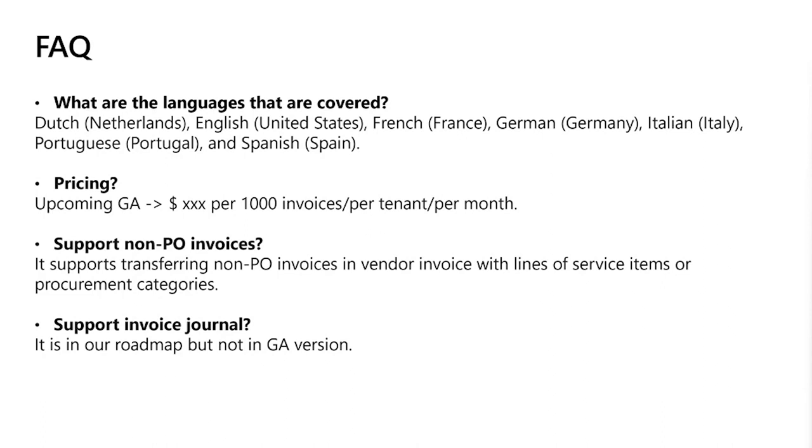And we will have more languages supported in wave 2 next year. But we don't have a list of the supported languages, because this will be decided based on marketing demand and feedback.